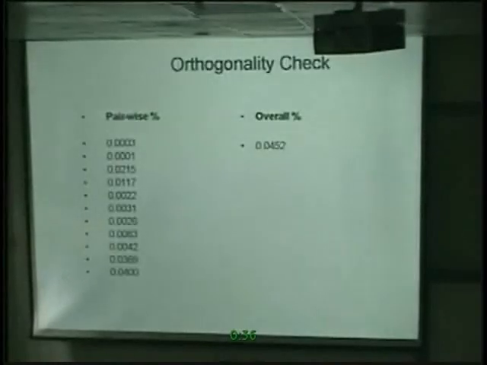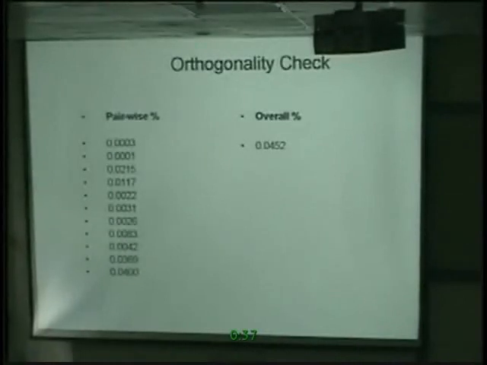If you compute the orthogonality index, I'll give you the order of magnitude. The index between the first and second component is 0.0003. Between the second and third is 0.001. And third to fourth, fourth to fifth, and so on. You check this: it is no higher than 4%.